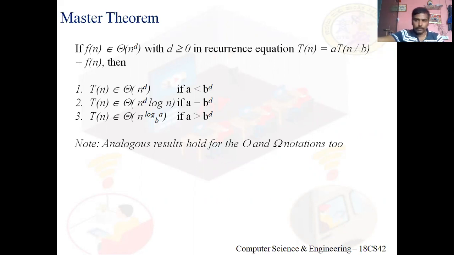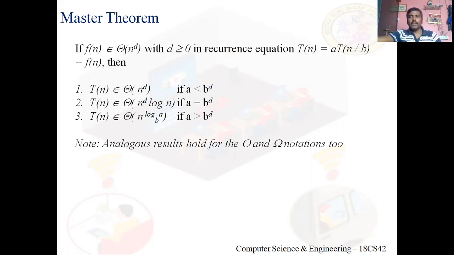Clear? But now you are given only the recurrence equation, not the initial condition. Then we can't solve this, because the recurrence keeps on going; there is no end for the recurrence.